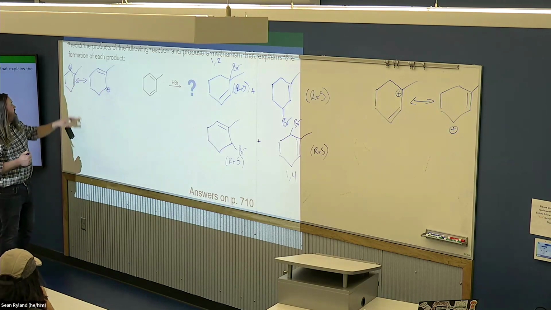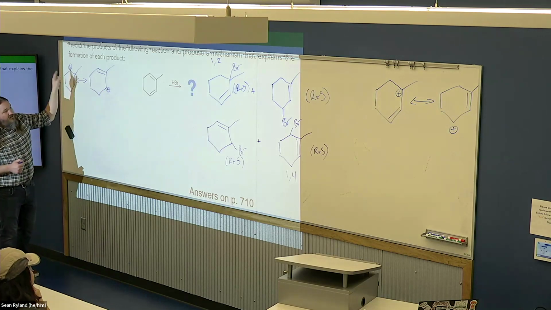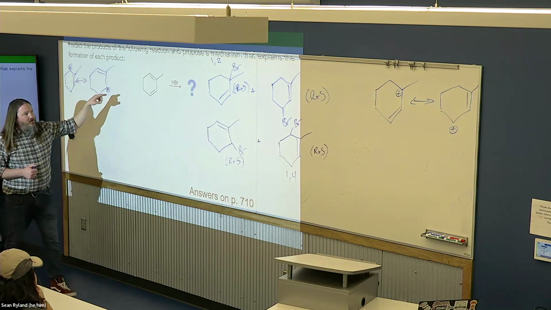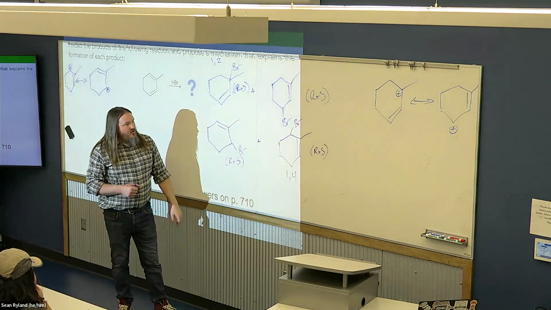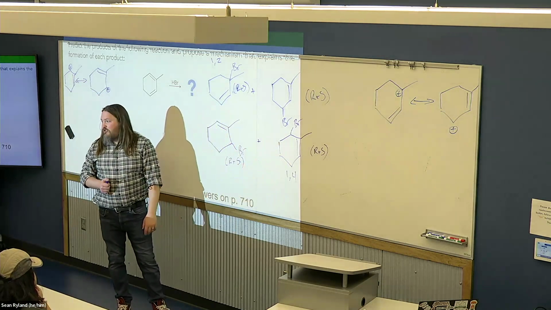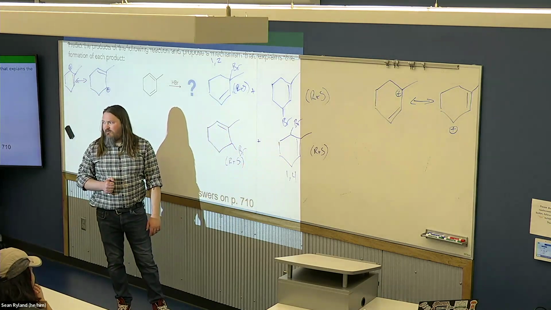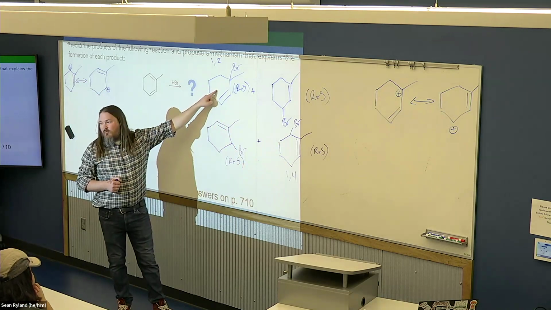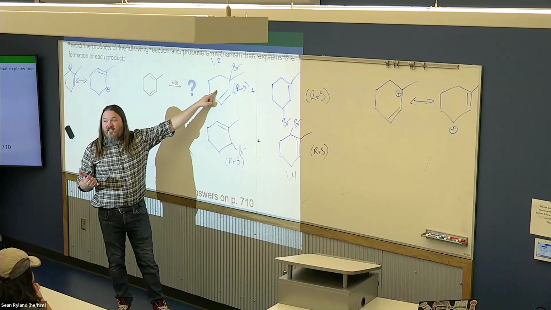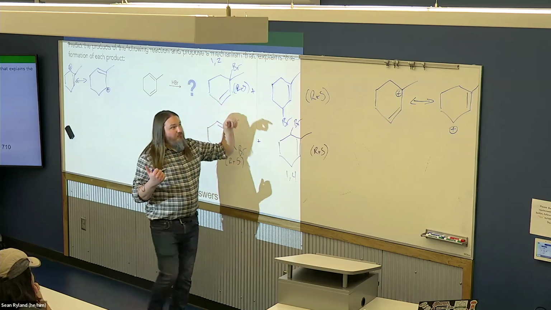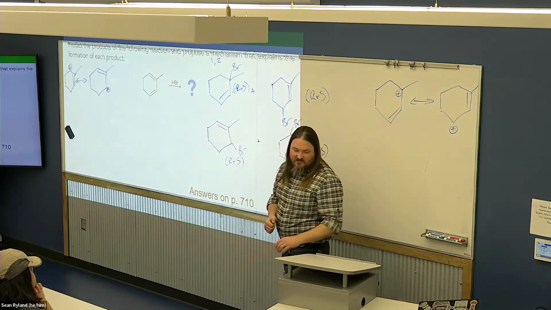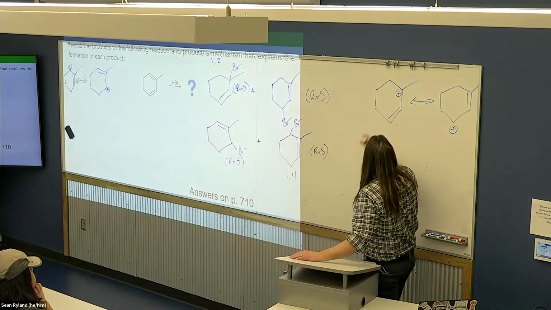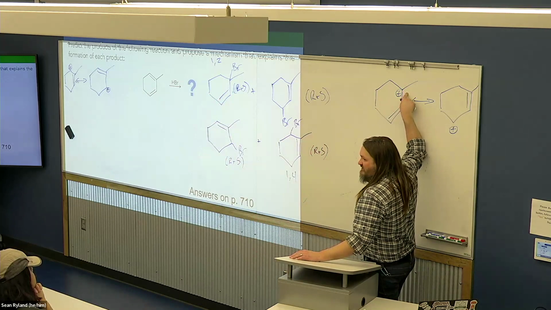But it's less of a factor when both of the carbons are secondary and both of your alkenes are equally substituted. It doesn't matter as much, thermodynamic versus kinetic control. This one is going to be favored because we get that tertiary carbocation as a resonance structure.